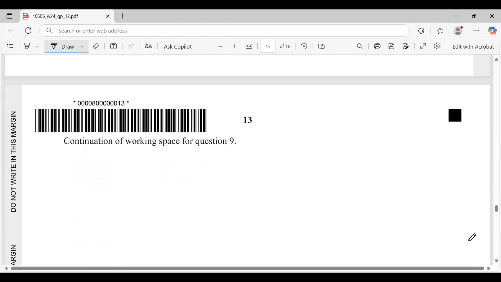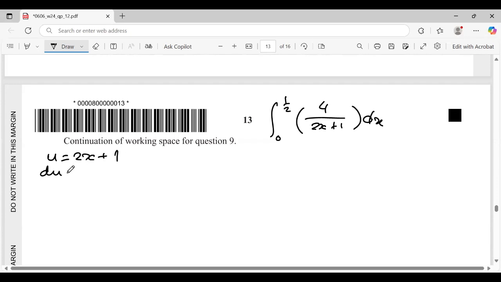Now for the integral from 0 to 1 half of 4 over 2x plus 1 dx, let u equal 2x plus 1. So du equals 2 dx, which means 1 half du equals dx.